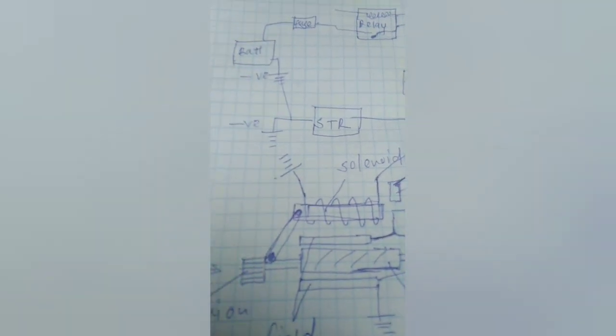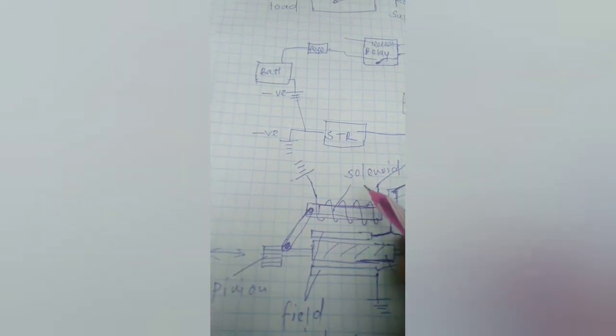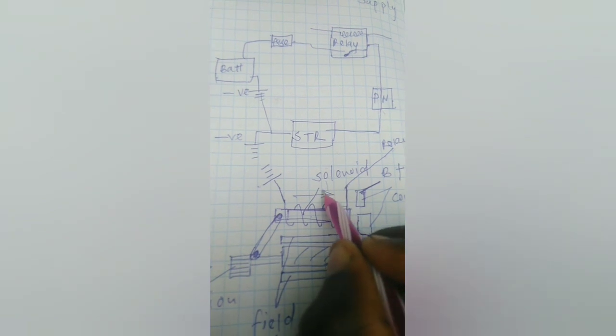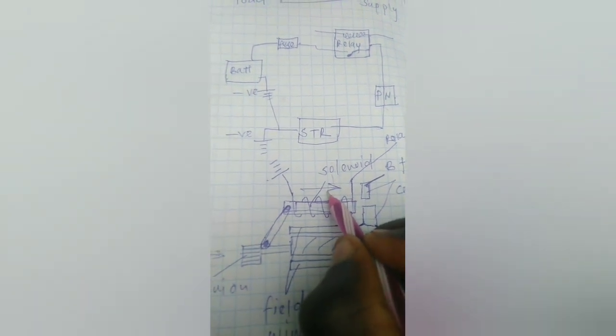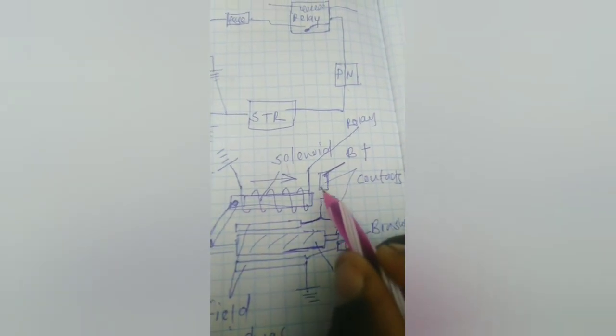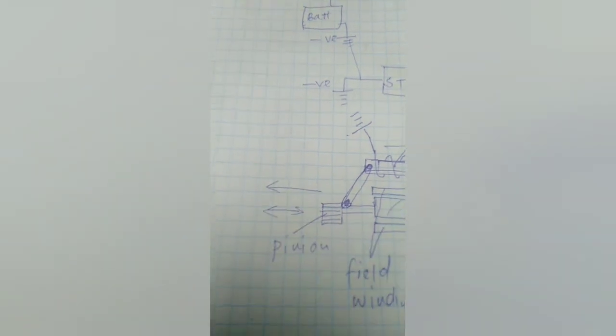When it flows into your starter, it energizes this coil, and this coil is pulled inside to that direction. When it's pulled inside, it closes these contact points, and at the same time it causes this pinion to move outside in that direction so that it may engage with your engine via this pinion gear.